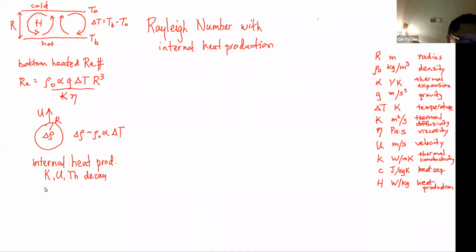And we're going to call that internal heat production H, which has units of watts per kilogram, right? Or this is joules per second per kilogram. That's how much energy per unit time per kilogram of rock you generate from the decay of radioactive elements. And of course, it correlates with the concentration of potassium, uranium, and thorium.